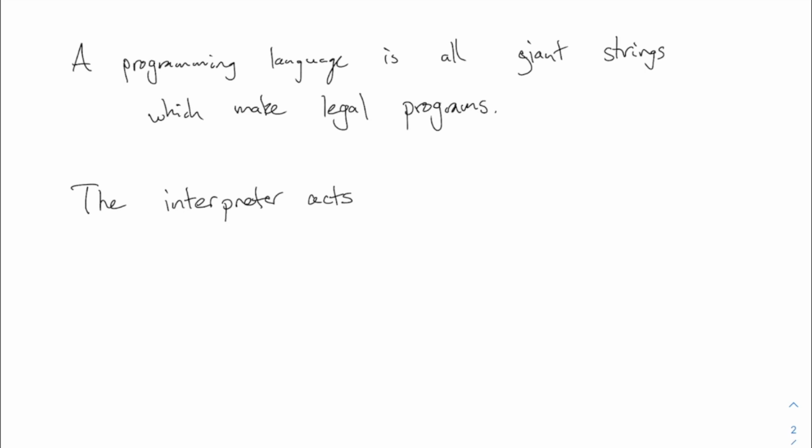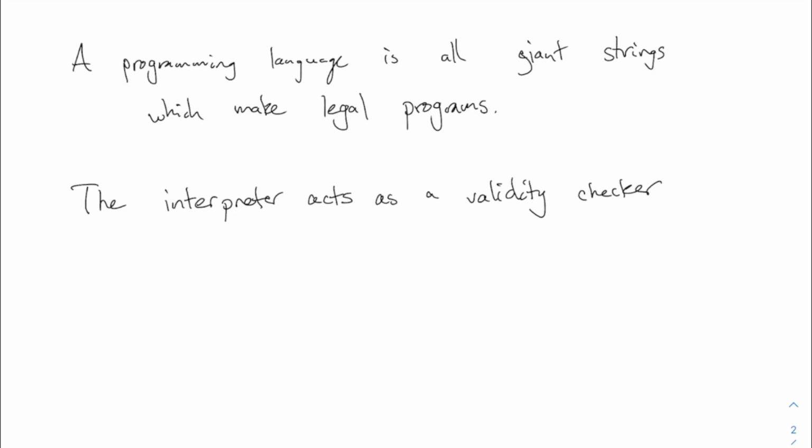Or sometimes it checks as it goes. But anyway, the interpreter acts first and foremost as a validity checker. It checks to see if your program makes any sense at all. And if it does make sense, then it tries to do whatever you said to do.